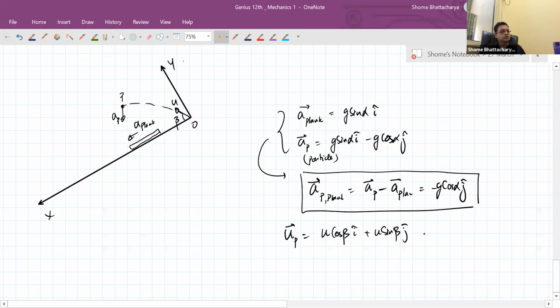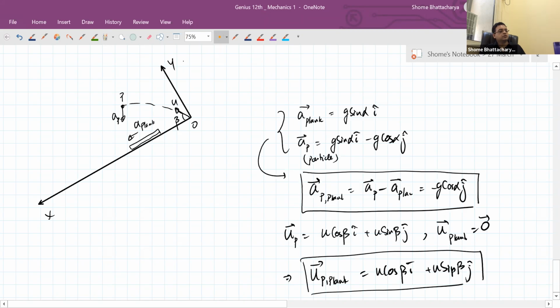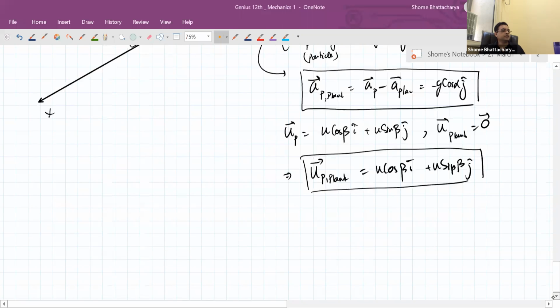So the initial velocity of the Planck is 0. This tells us that the relative initial velocity of the particle with respect to the Planck is very easy. It is u cos beta i cap plus u sin beta j cap. Now we can relate this with regular projectile motion.